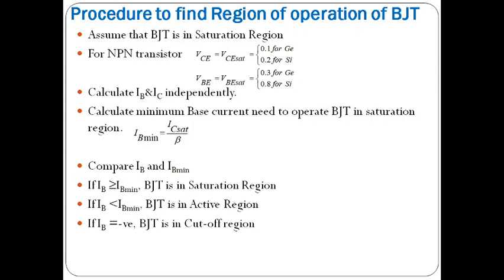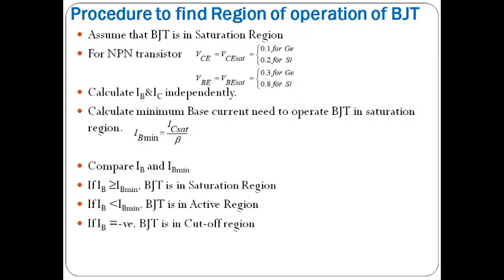So how can we find the region of operation of a BJT? For that, as the first step we assume the BJT is in saturation region. If it is in saturation region, these are the standard values for an NPN transistor: VCE sat equals 0.1 for germanium, 0.2 for silicon, and VBE sat equals 0.3 for germanium, 0.8 for silicon.